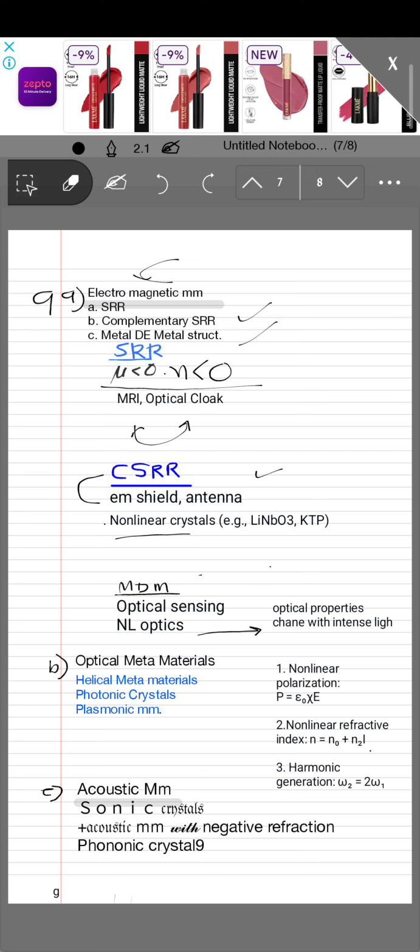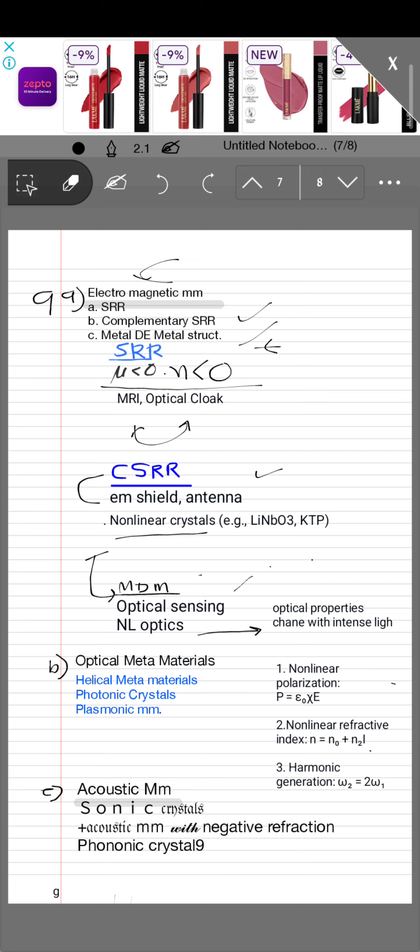There are other non-linear crystals like lithium niobium oxide and KTP, and the metal dielectric metal structure, which is used in optical sensing as well as in non-linear optics.